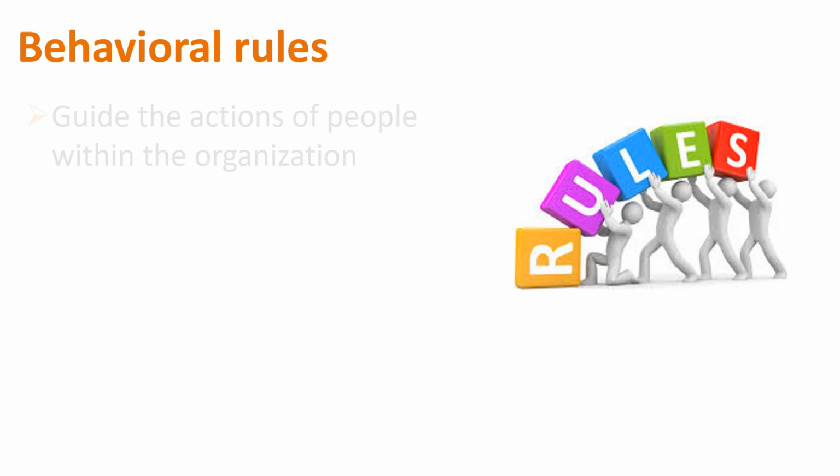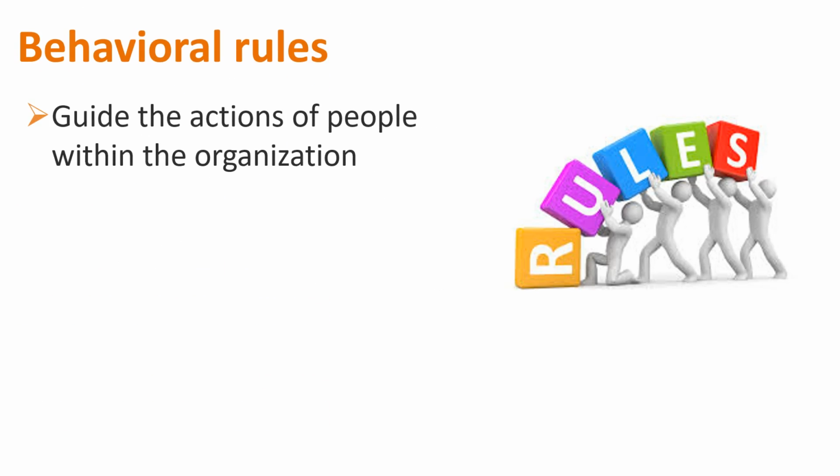Then we have behavioral rules. These are things that guide actions, right? So definitional rules are usually pretty automated, and behavioral rules are things about behaviors where they can be broken because people can choose to break them. For example, I can choose to sell alcohol to a minor. I'm violating it. I'm breaking a rule. It is a rule, but I can choose to behave in a way that it's broken.